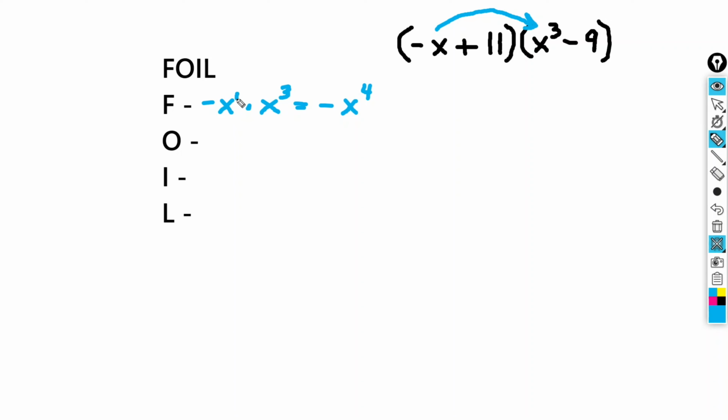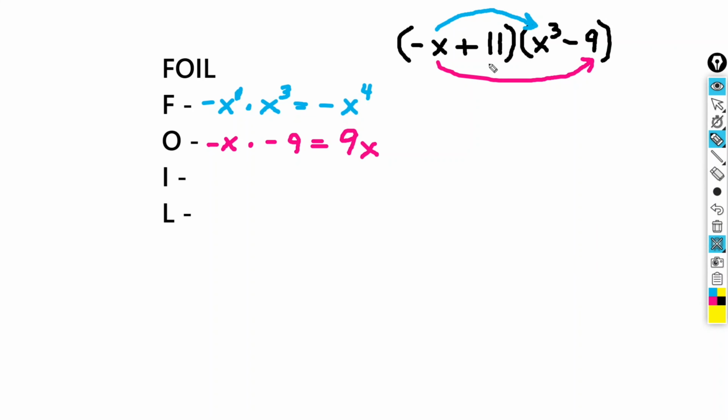Because remember, even though there's not a 1 here, this is x to the first. We add the exponents. Okay, let's do the outer terms. So we'll do negative x times negative 9. A negative times a negative is going to be a positive, so that's going to be a positive 9x.